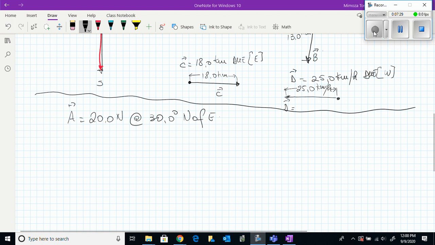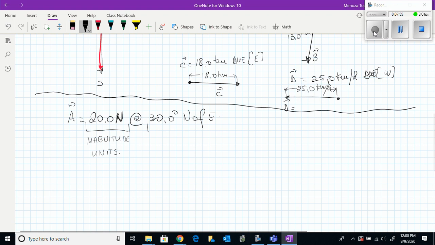So what we have in this case is a direction between north and east. This part here gives us the information about the magnitude of the vector along with units. The fact that we have newtons tells us that we are dealing with a force.